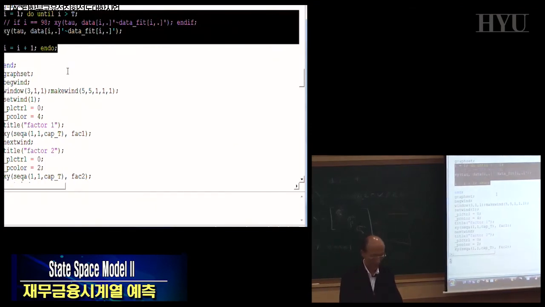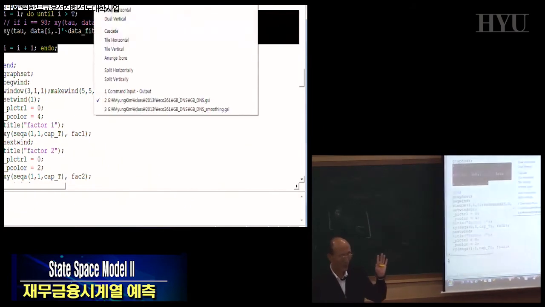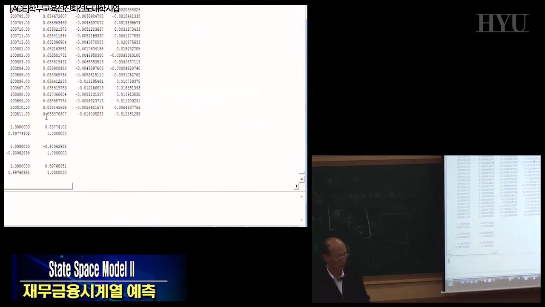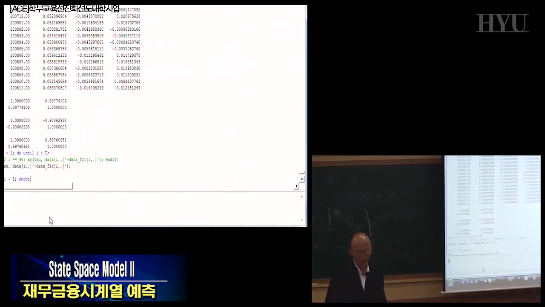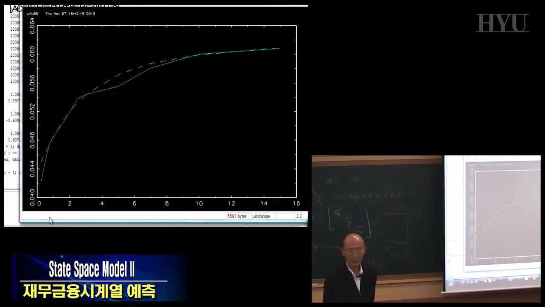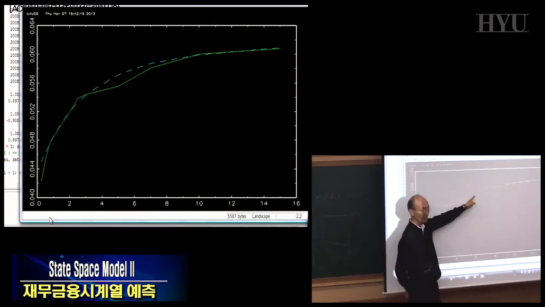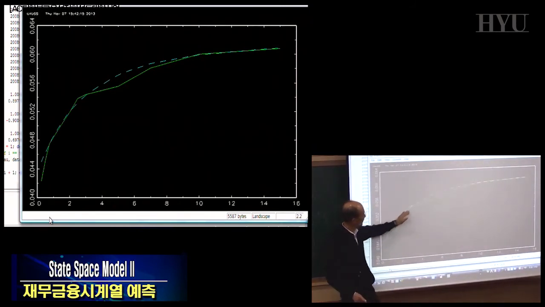Let me copy this part, because things are in memory, so you should work. Control V. I hope so. Do you see that? So this is historical data, and this is a fitted value.